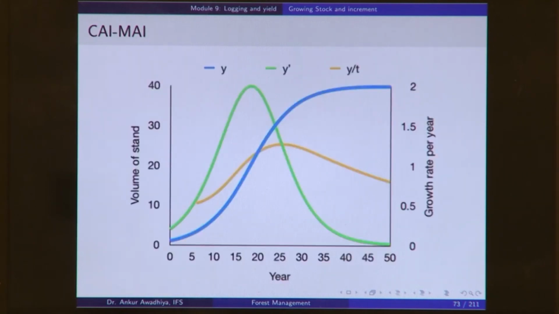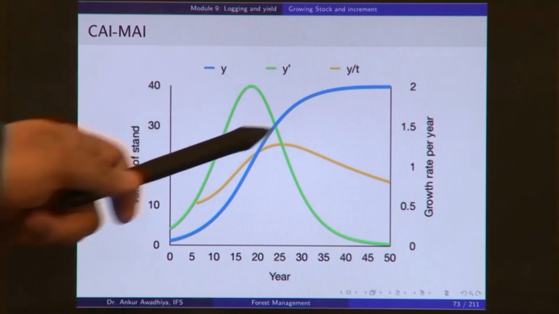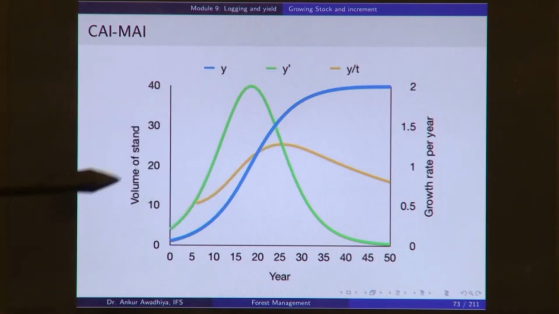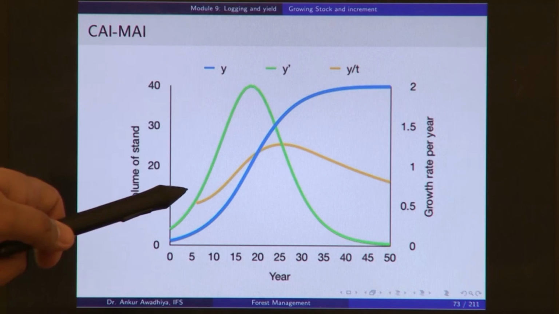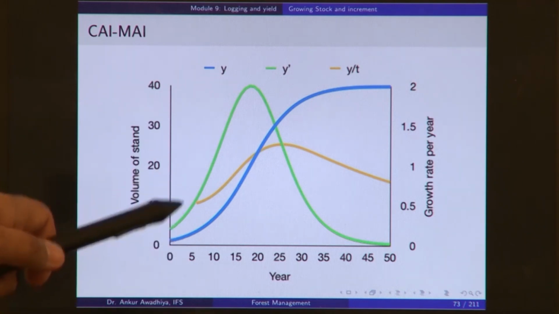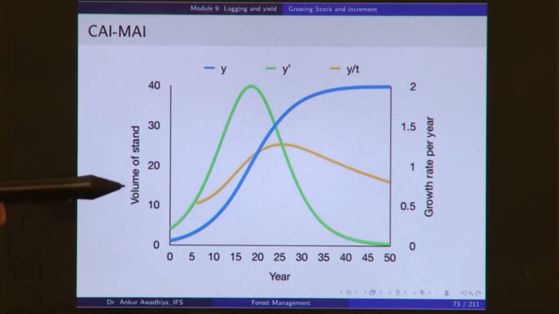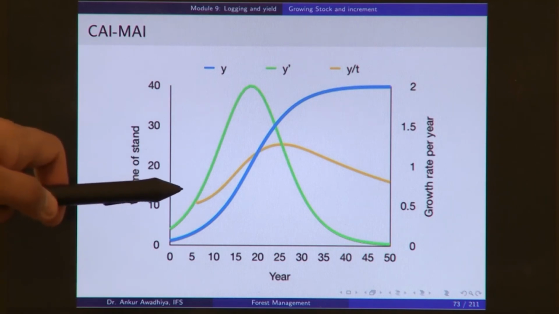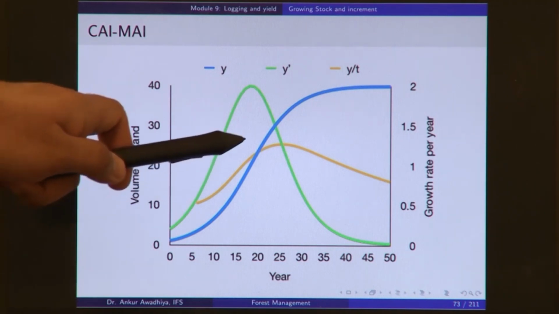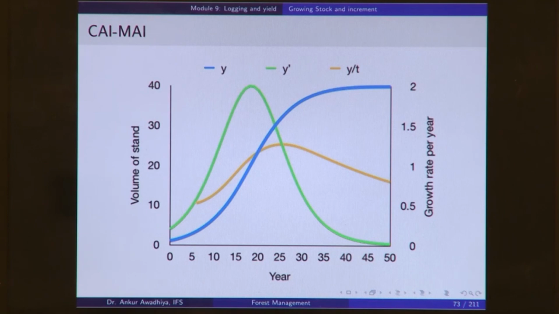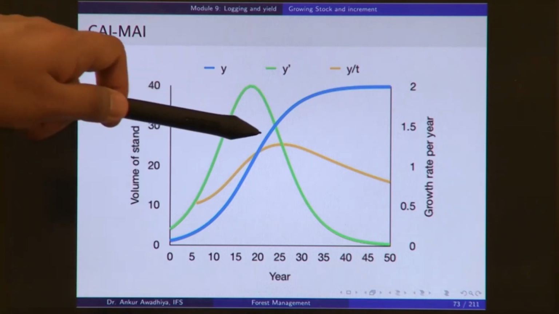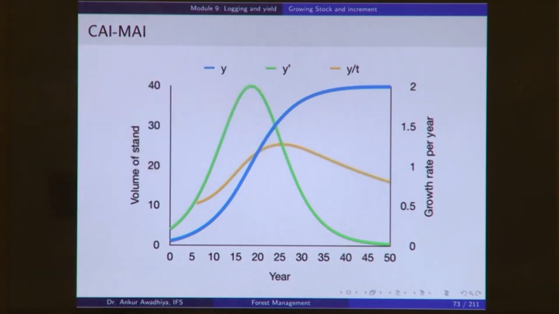And here we are representing it with the yellow curve. So, the yellow curve is telling us that at this point we have a particular value of mean annual increment. Now, the mean annual increment is increasing with time, then it reaches a maximum and then it starts to decrease.